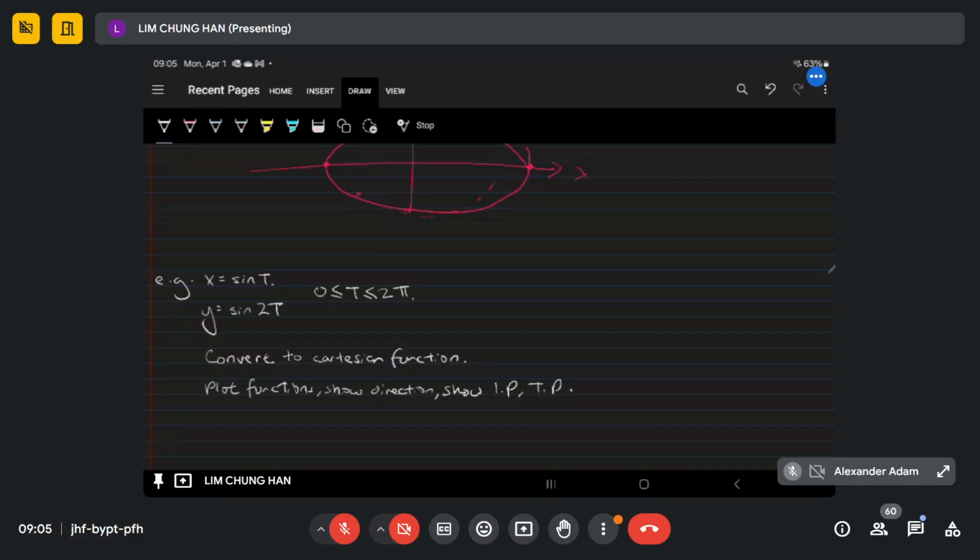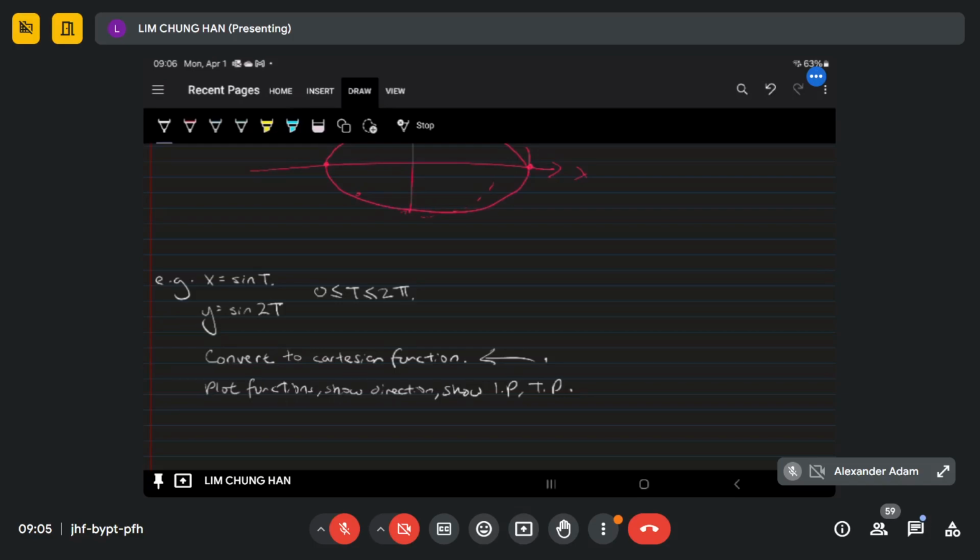So for this question, I'm not giving you a choice. I basically ask you to convert, so you have to use method 1. Here I'm basically forcing you to use method 1 because I'm asking you to convert first.